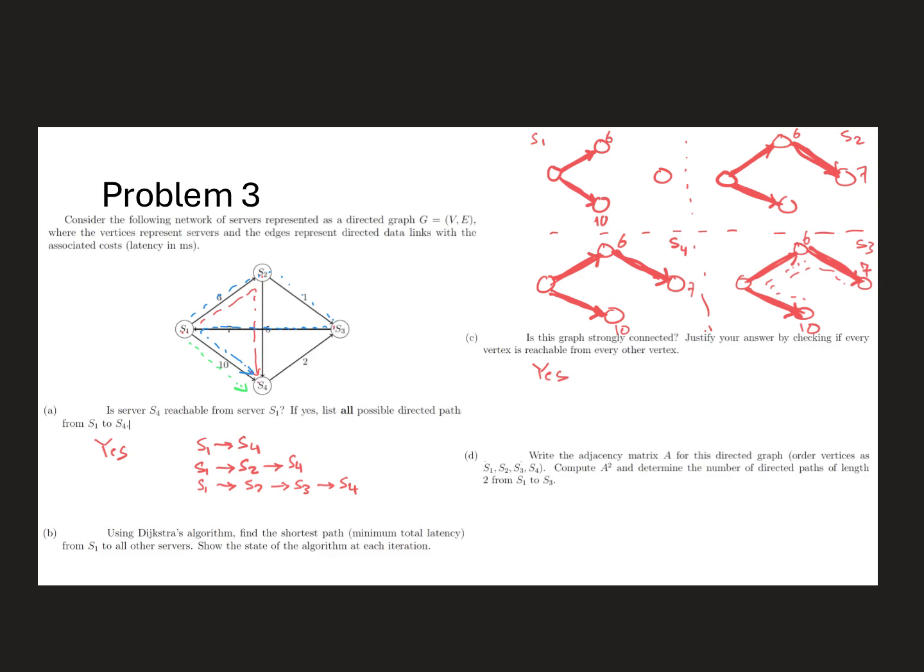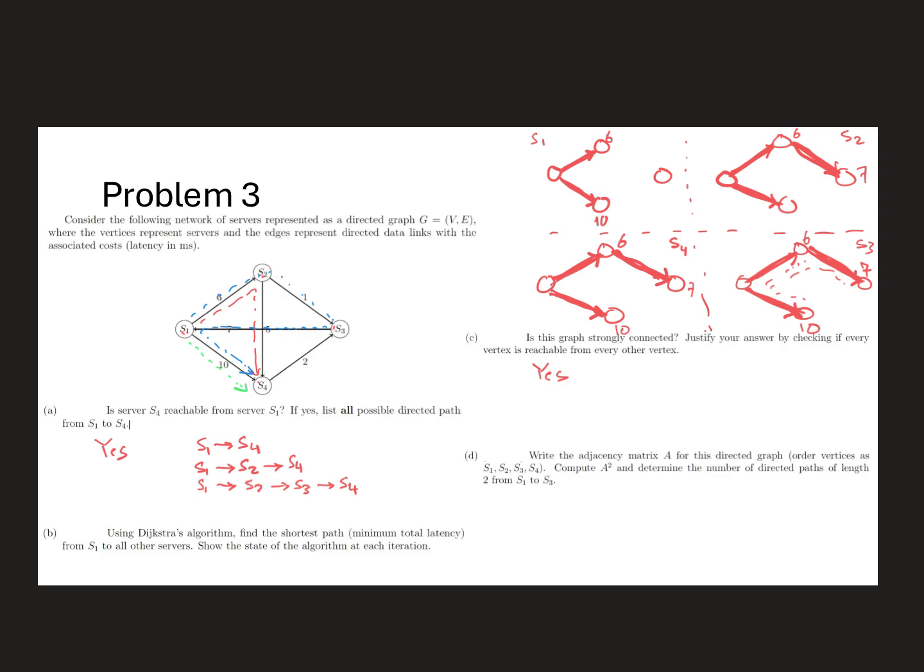If I start here, I can reach S1 through this path. I can reach S2, S3, I can reach S4. If I start at S3, I can reach S1, I can reach S2, I can reach S3. Yeah, so if I start at S4, I can reach S3, and I can reach S1, and I can reach S2. So yes, and it's connected through.